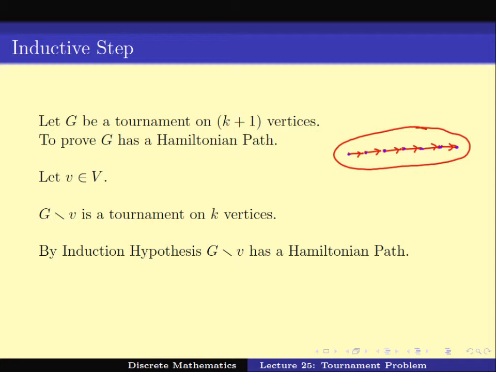So we have somehow renamed the whole set of vertices: the first one is V1, second one is V2, till the last one is Vk, and I got a Hamiltonian path.